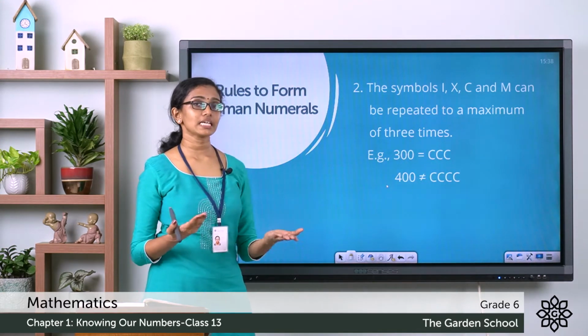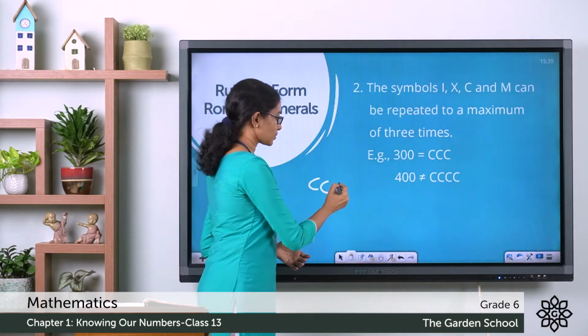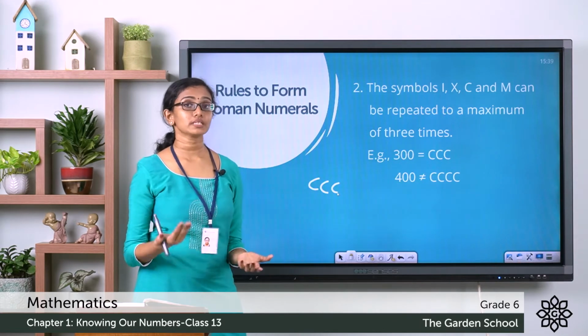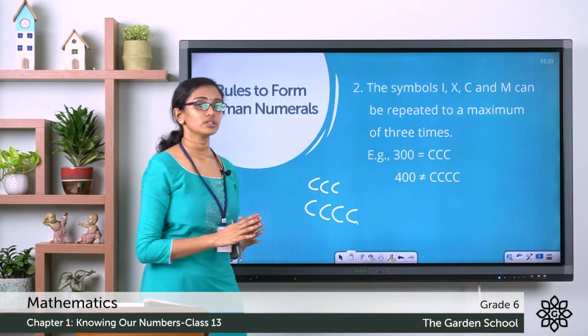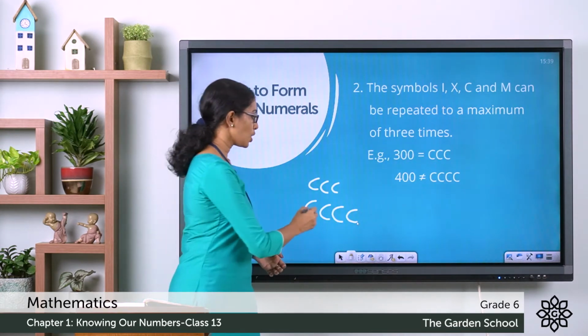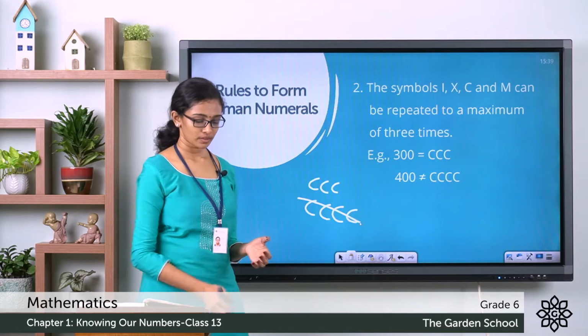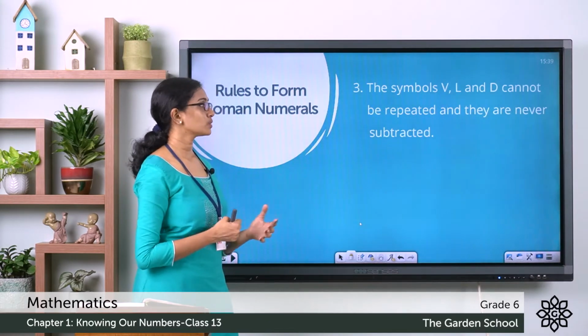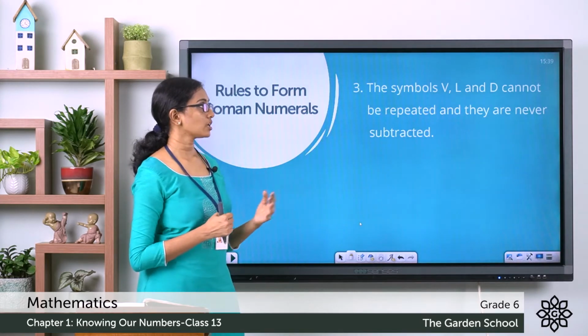So to represent 300, you can write 3 C's like we saw in the previous case. But to represent 400, you cannot write 4 C's. You cannot repeat the same symbol more than thrice.